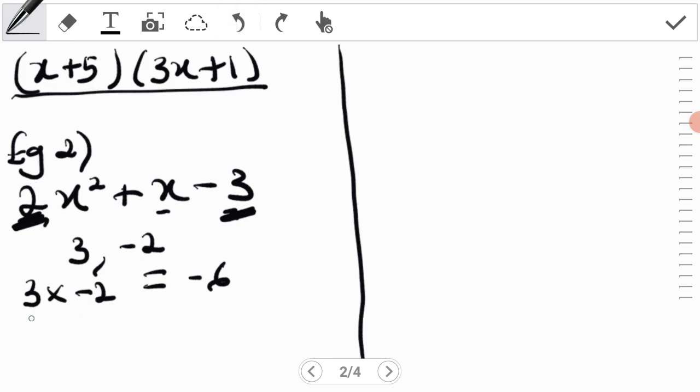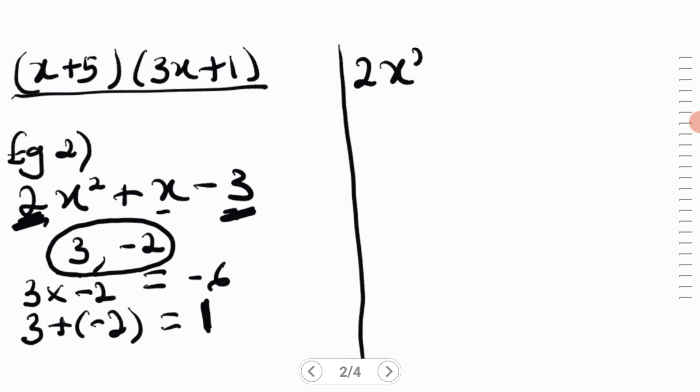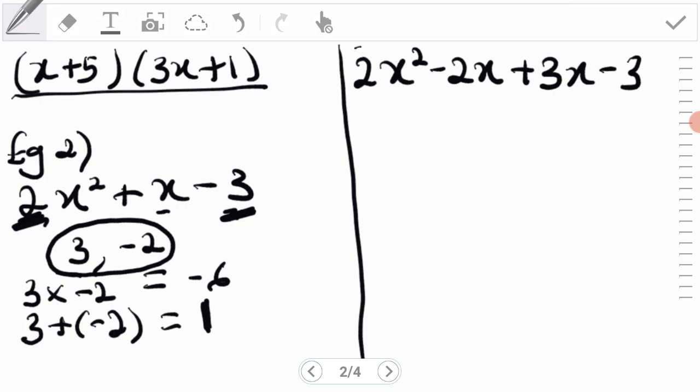Now these same values, when you add them, which is 3 plus negative 2, give you 1, and the coefficient of x here is 1, so we are on the right track. So now we can say 2x squared minus 2x plus 3x minus 3, and now we can introduce the brackets.